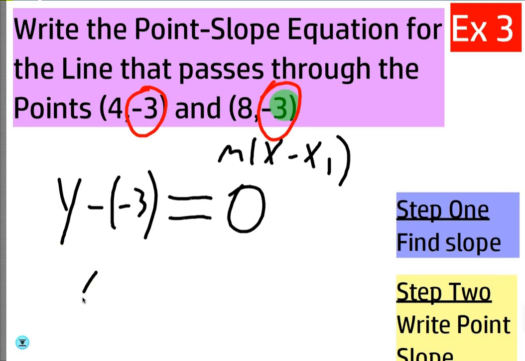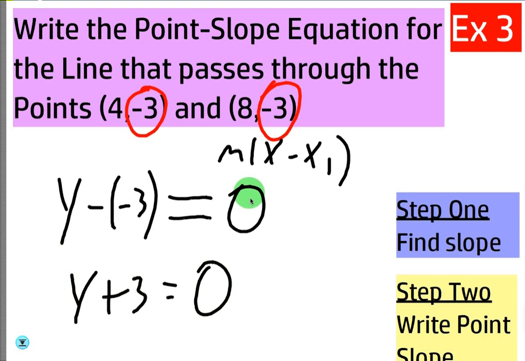Both negative 3. So your final answer is y plus 3 equals 0. And again, that happens when your y values are the same. Now you could go through and do all your work, but we've done this enough that I think you can just see that the slope is 0, so the whole right side of the equation can become 0.